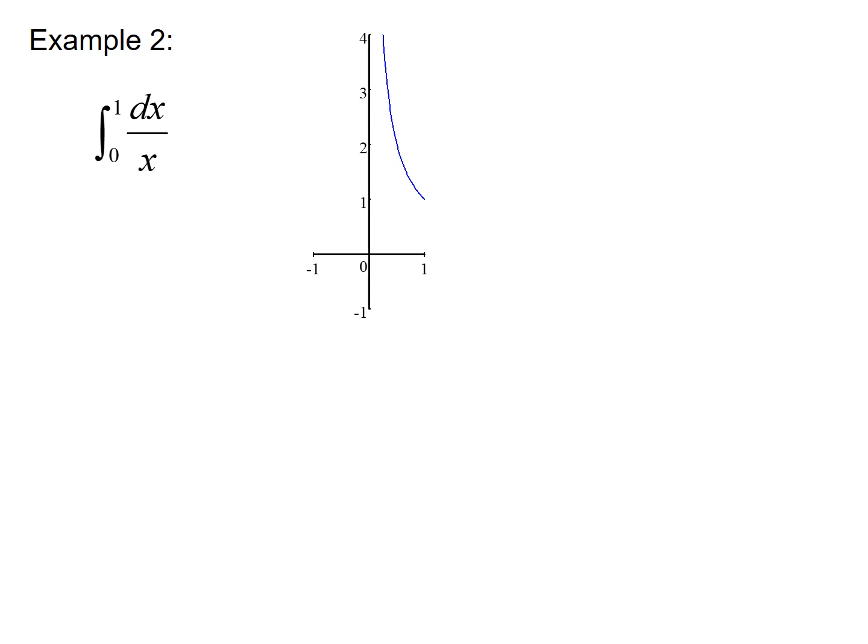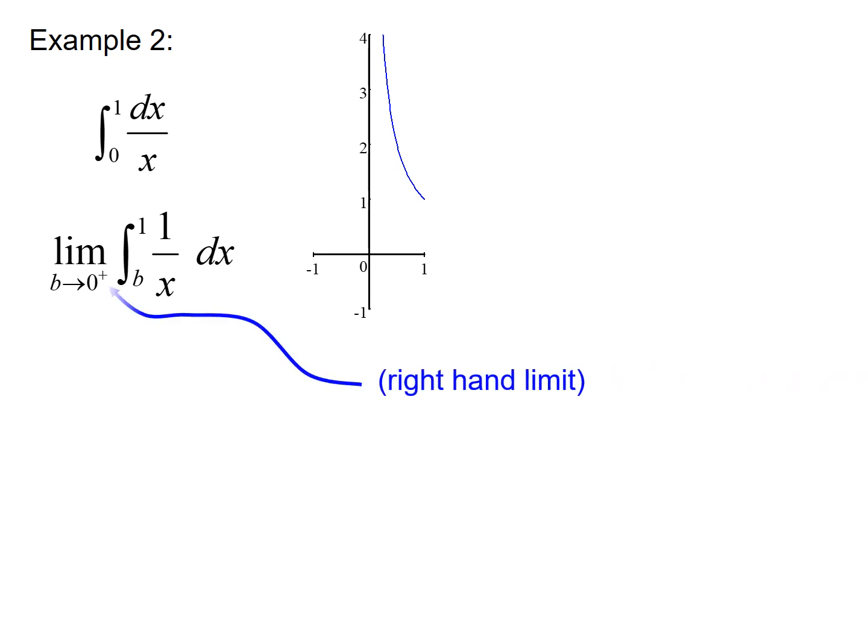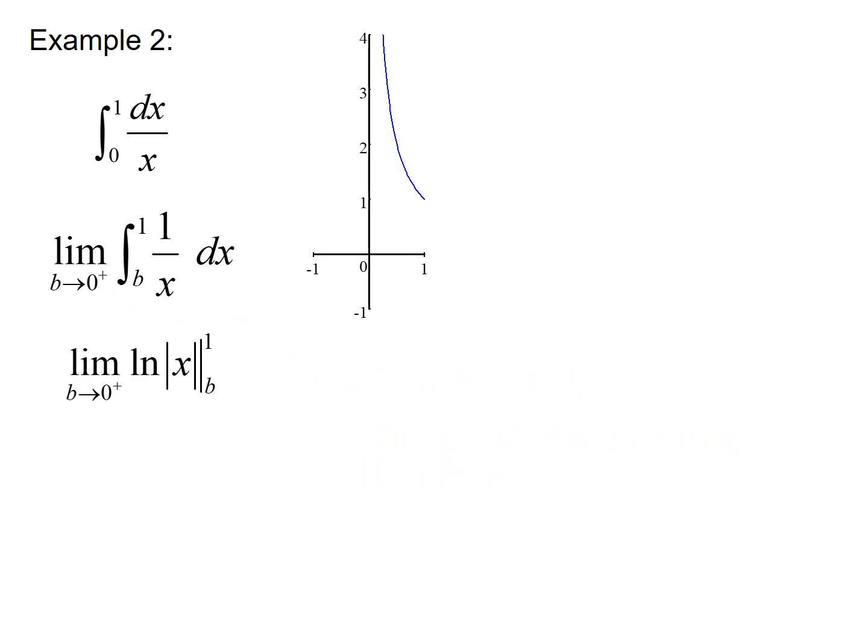All right, now let's take a look at the integral from 0 to 1 of dx over x, which is the same as 1 over x dx. So we'll take the limit as b approaches 0 from the right-hand side of the integral from b to 1 of 1 over x dx. Take the antiderivative, and we get natural log of absolute value of x. Plug in our limits of integration. Natural log of 1 is 0.